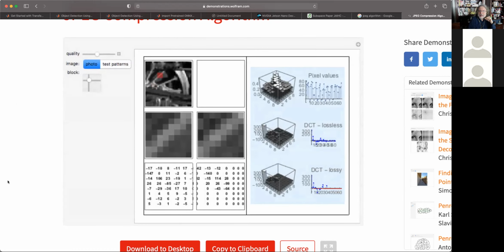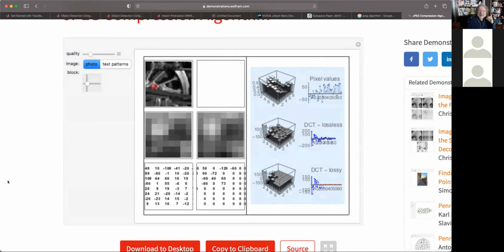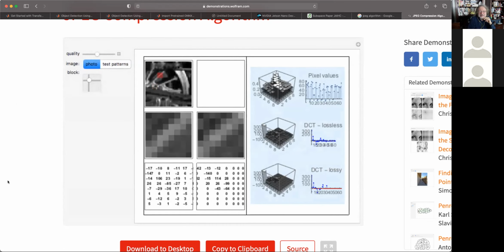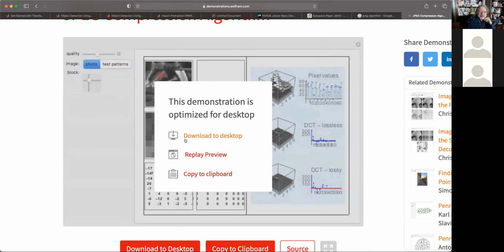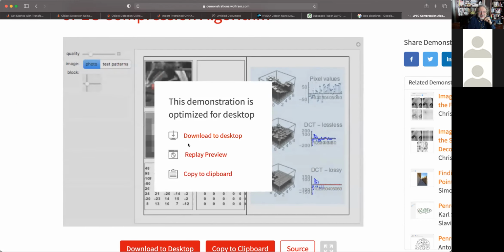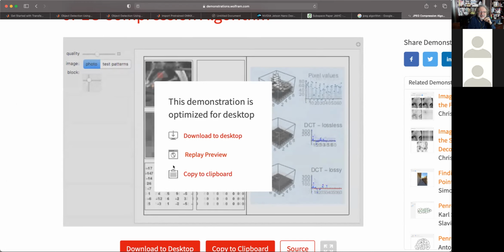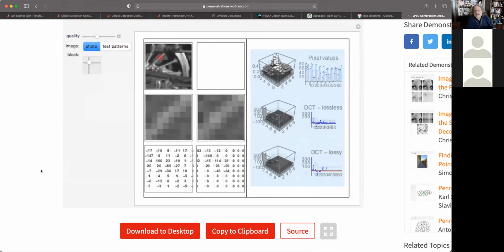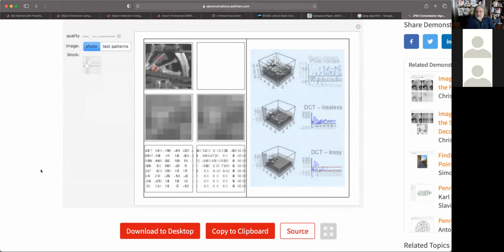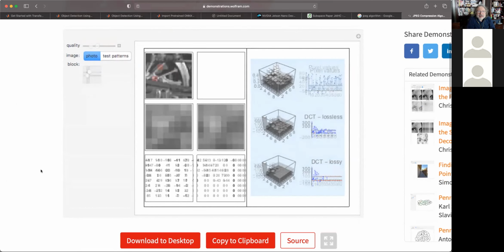I liked it. Maybe I should bookmark it somehow, so that I can show it from here. Maybe I can download it to my desktop. Yeah, this is a preview, but anyway, this is a good one. It makes way more sense.